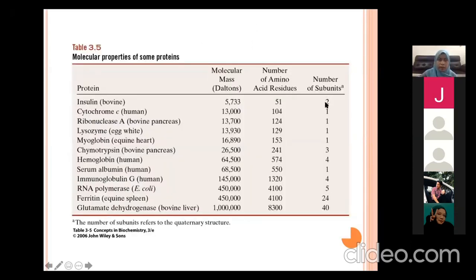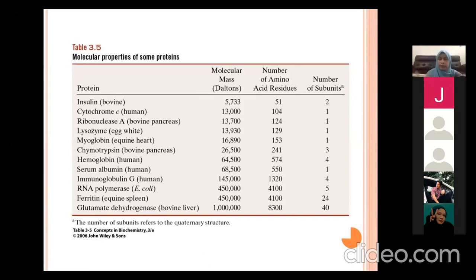Subunits here, either it is multimeric or monomeric just now, right? Okay, so insulin, even though it is small, like 51 amino acid, but it has 2 subunits. One is alpha, one will be beta. So the number of subunit will be different.